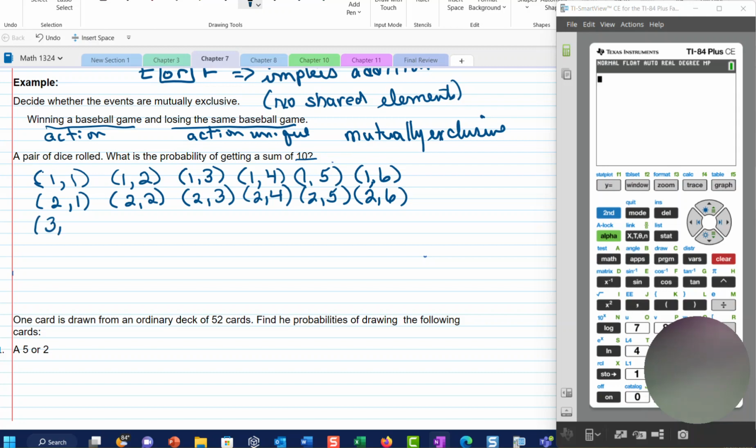These are listings of all of the sample space. 3 and a 1, or a 3 and a 2, a 3 and a 3, a 3 and a 4, a 3 and a 5, and a 3 and a 6. Again, order is important, so that we can get a uniform construction of a table of 2 dice. So now we're at the 4 starter.